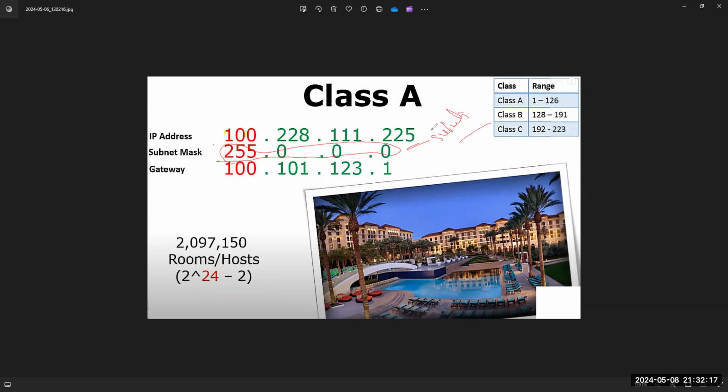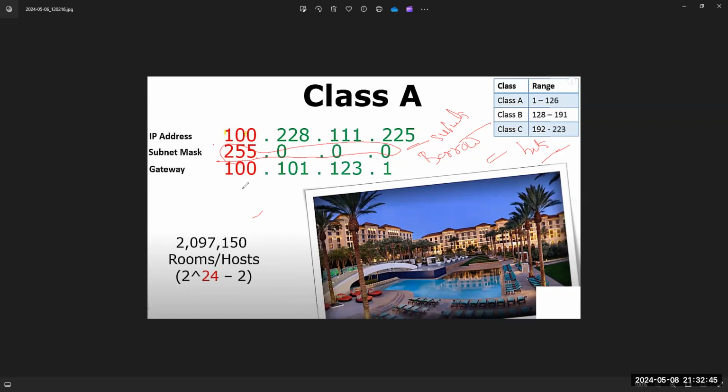So if I want to add more, I will just go ahead and borrow. This is what we are going to see: borrow the number of bits where I can create more IP addresses. This is the whole process which we will see, and that is called, in short, subnetting.